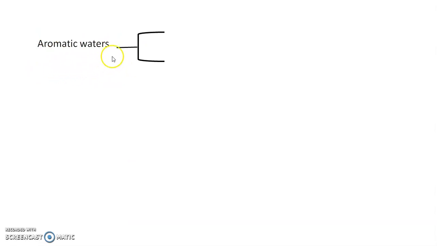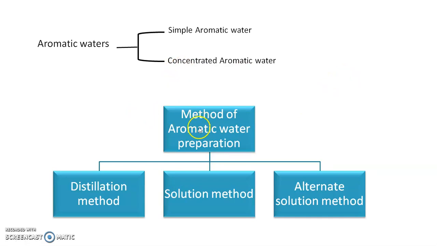Aromatic waters are mainly of two types: simple aromatic waters and concentrated aromatic waters. The methods of aromatic water preparation are mainly three: distillation method, solution method, and alternative solution method.